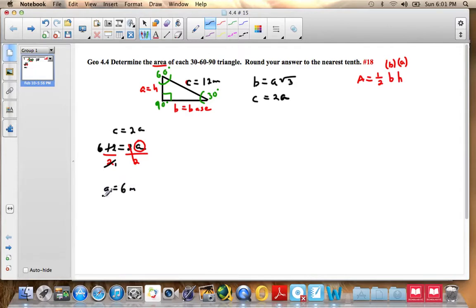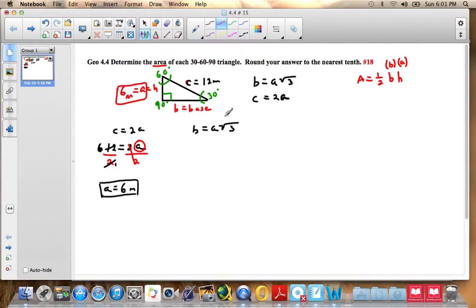So now that I've solved for A, I can use A and plug it in to find B. So I want to find B, where B equals A times the square root of 3. And I've already figured out that A is equal to 6, 6 meters.